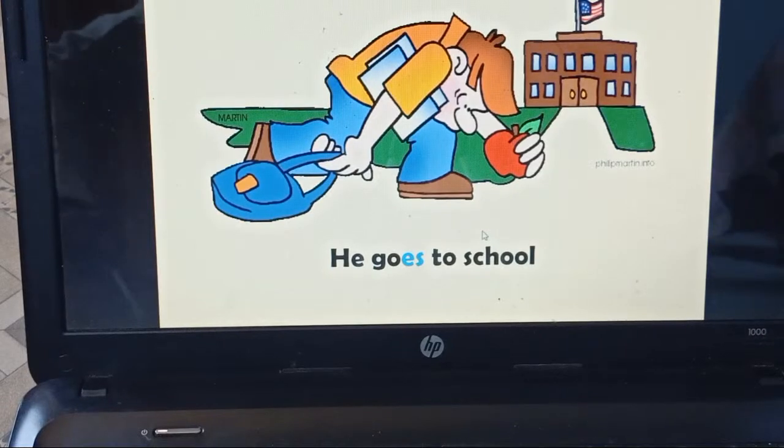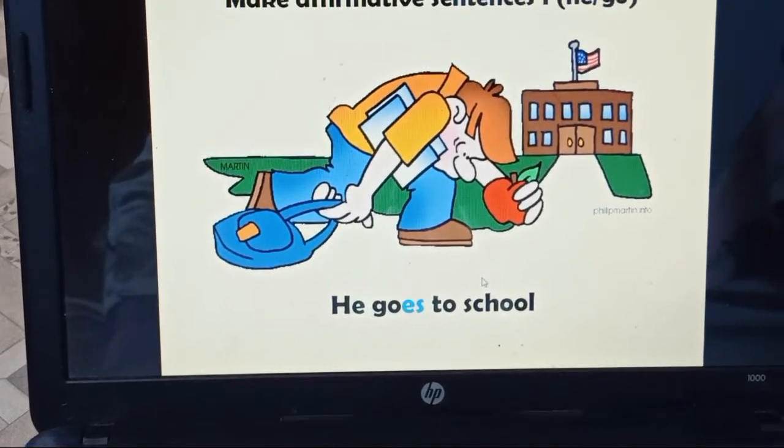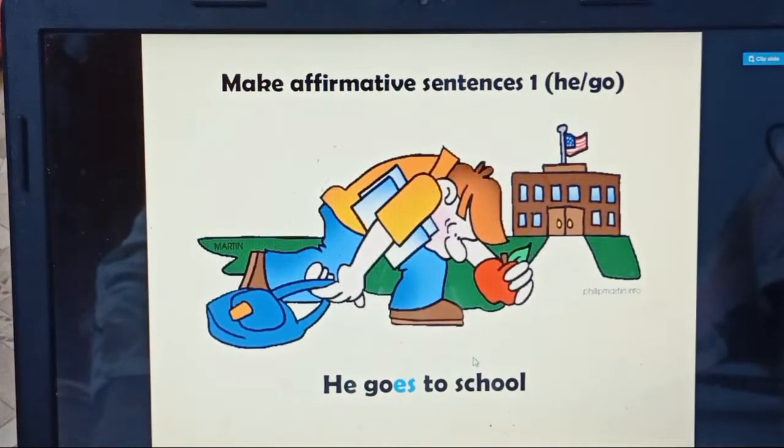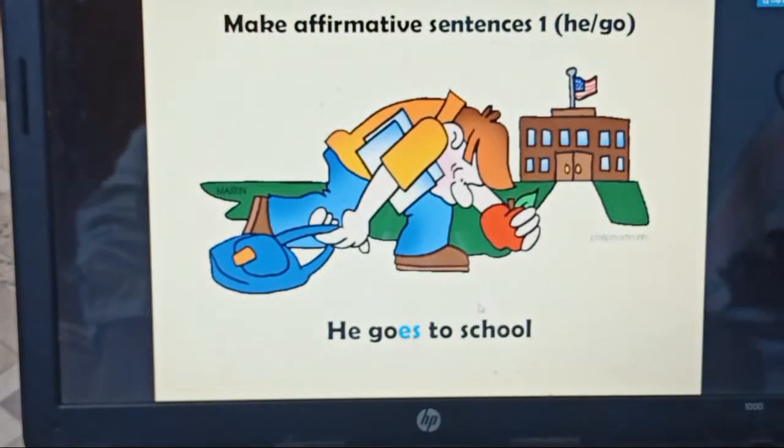Let's look at this. He goes to school. This is a positive sentence. So since the subject is he, go, okay, ES is added. Okay, he goes to school.